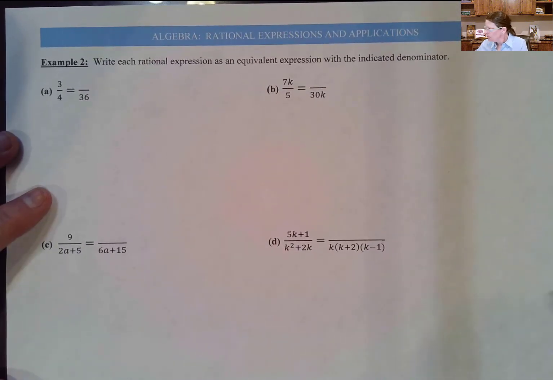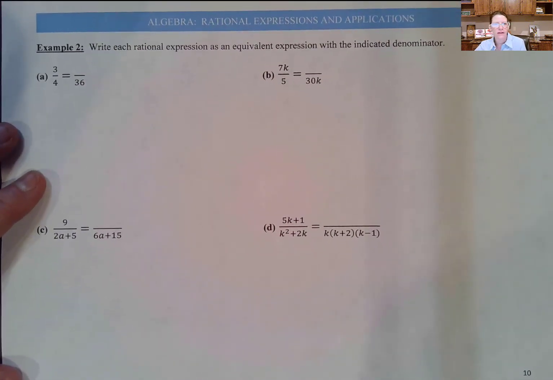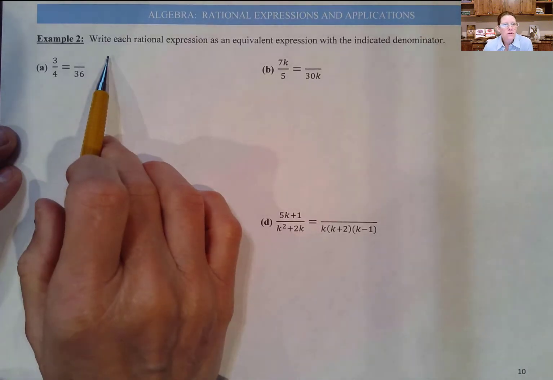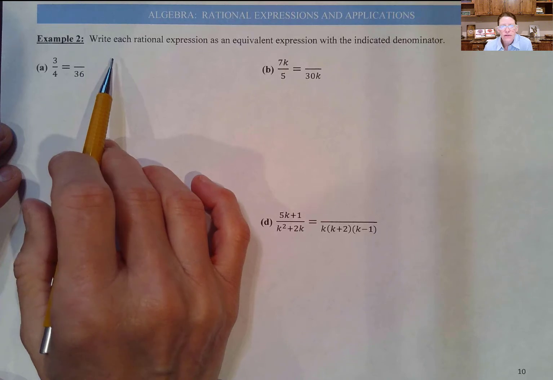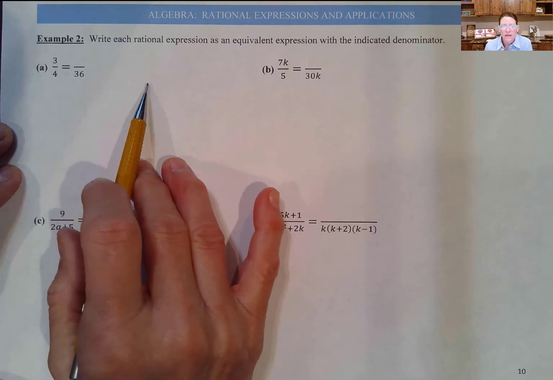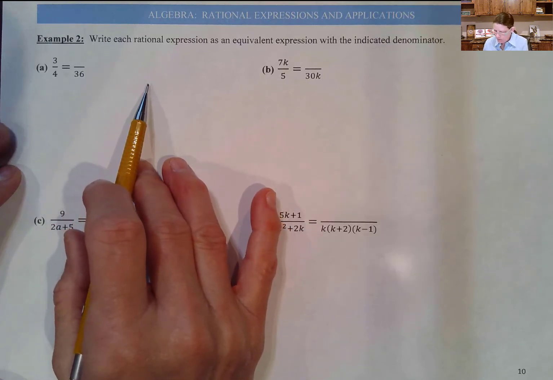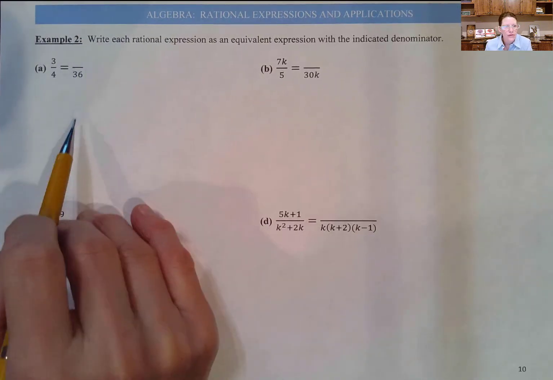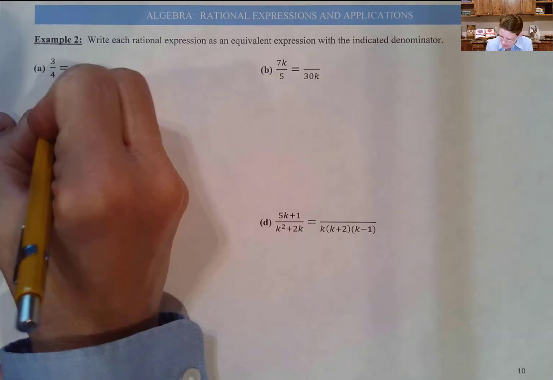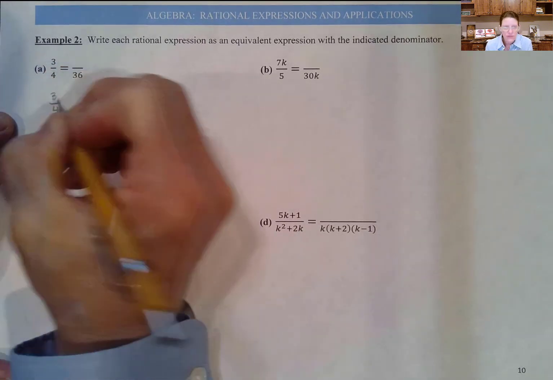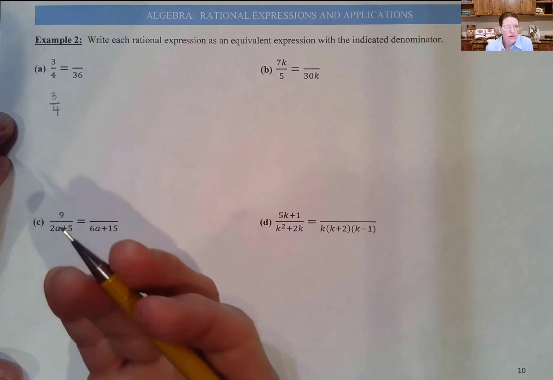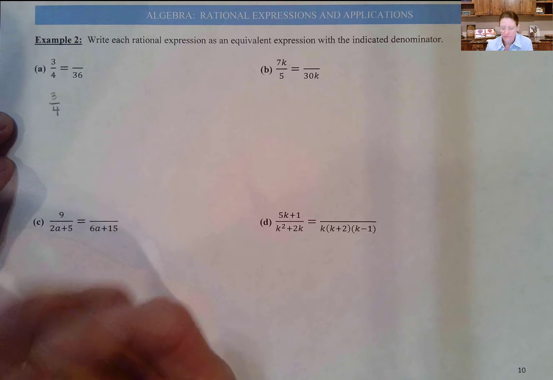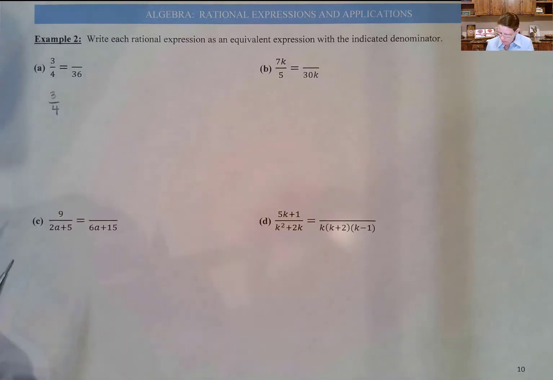And our last example for this section, we're going to practice writing equivalent fractions. So here we're going to write each rational expression as an equivalent expression with the indicated denominator. 3/4 is equal to what number over 36? So what you want to be thinking about here is our fundamental property of rational expressions, or you might say the identity property of 1, or multiplication identity property.